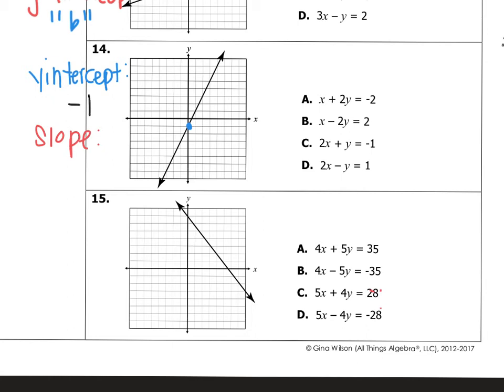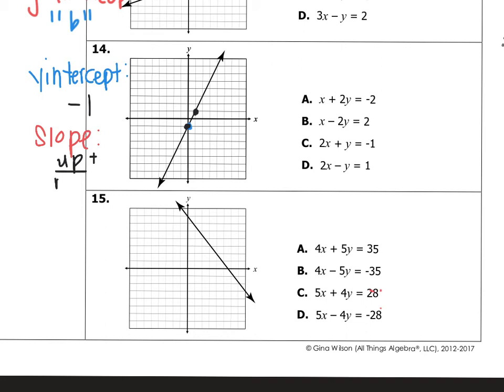And then my slope, I need to find 2 points on the graph, and we've just identified one. And then I'm going to look to see where the next one is, and it looks about right there. So it falls right on that grid. So I need to count for slope, how many do I go up and then how many do I go over? So if I'm going up, that is going to be a positive number.